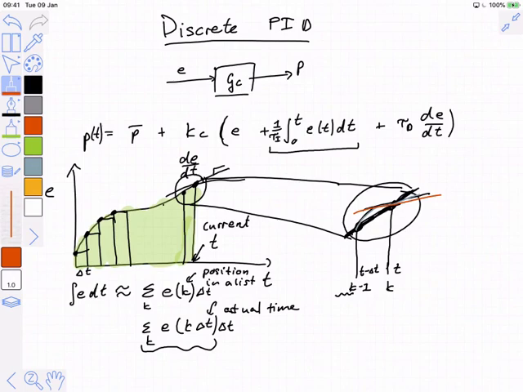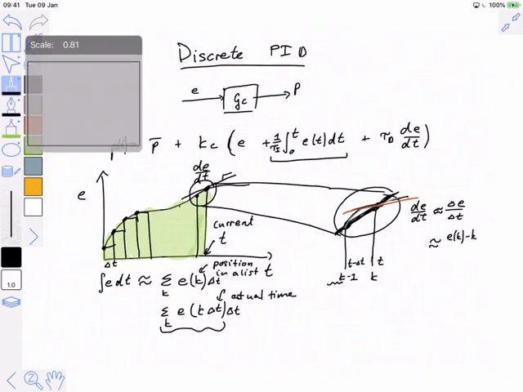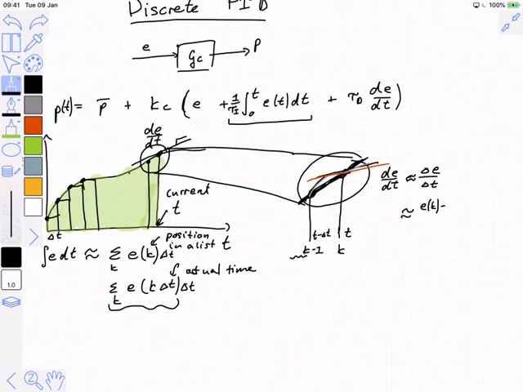So if I was using a derivative, that would be change in E over change in time. Let's approximate that by change in E over change in time. Our change in E is E k minus E k minus 1, and our change in time is delta t.